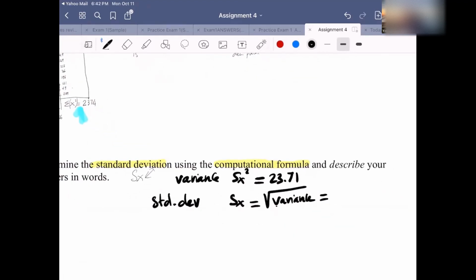That means that it is the square root of 23.71. Is that right? So now can you tell me the answer in the chat to see what you guys get? You just have to take the square root of the 23.71. What do you guys get there? Type in the chat for me.